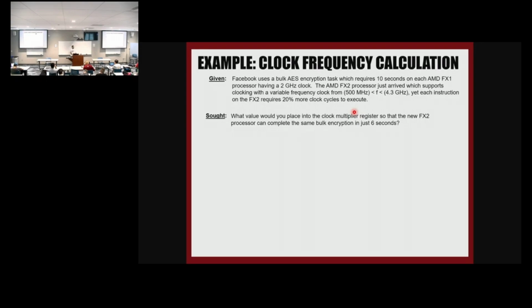Which is also equal to what? We have number of clocks based on this equation. We just move clock period here, and it's going to be equal to execution time divided by clock period. So it's the execution time times the frequency. Absolutely. So we have the execution time multiplied by frequency, right?